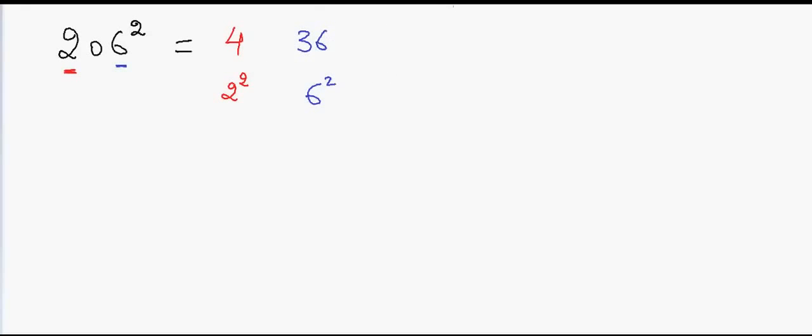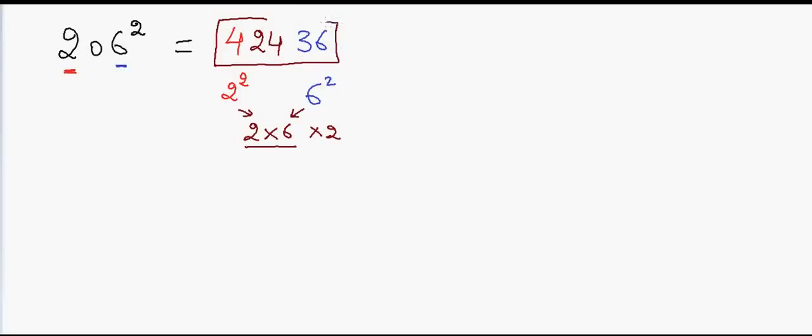And now to get the middle numbers, I'll multiply 2 and 6, and then multiply again with 2, and that will be 6 into 4, 24. So that will be the answer.